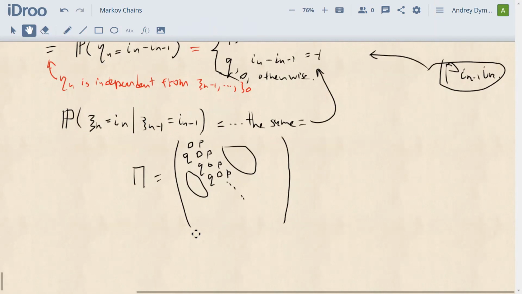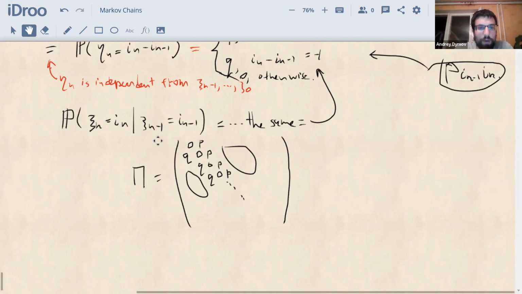Excuse me. You build a matrix infinite only in one side, but it should be infinite in both sides. Otherwise, in the first row, you'll get the sum of all elements equal to P, but it should equal P plus Q. Sorry, could you repeat? So this should be infinite in both directions, right?